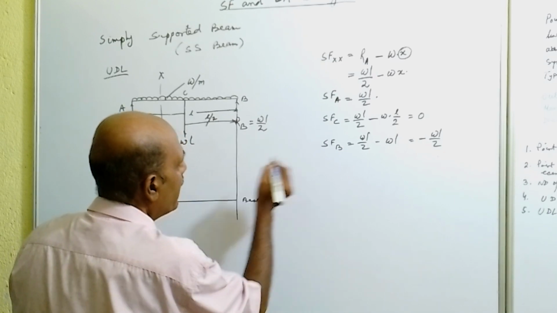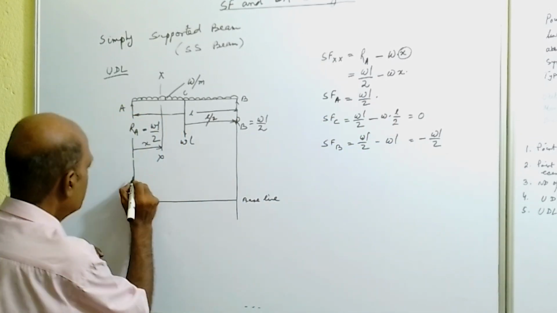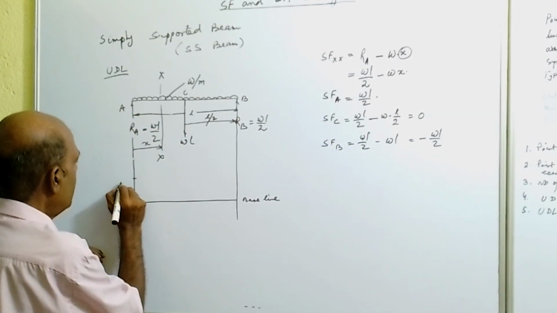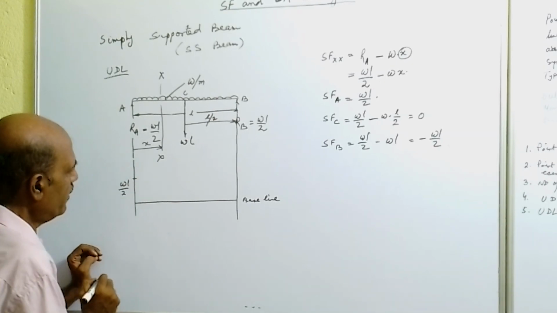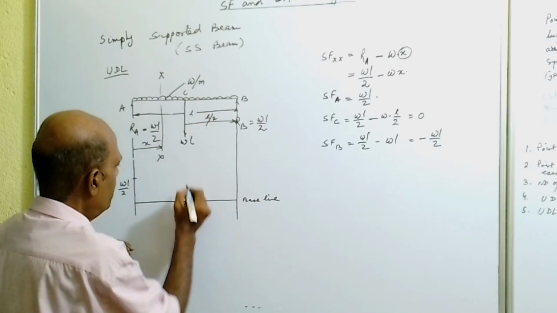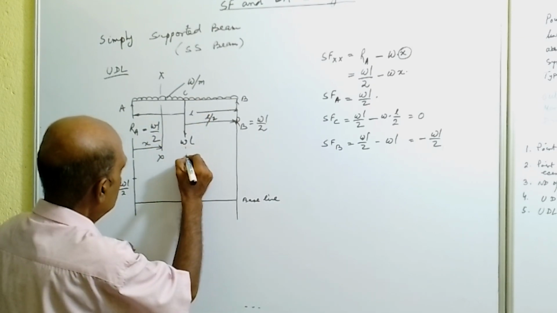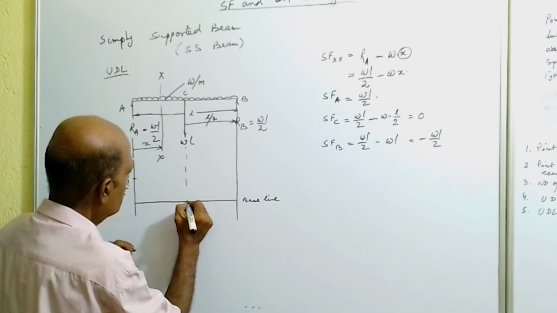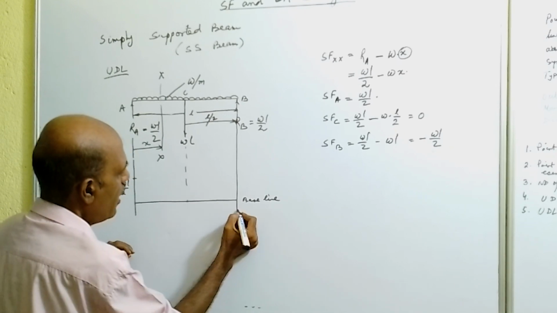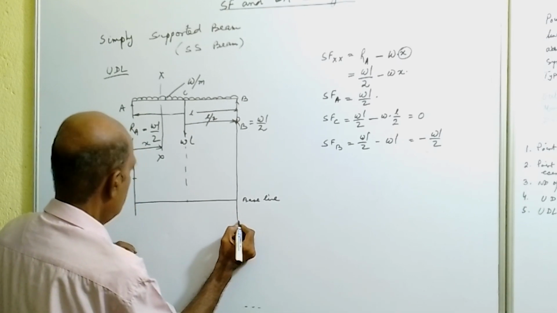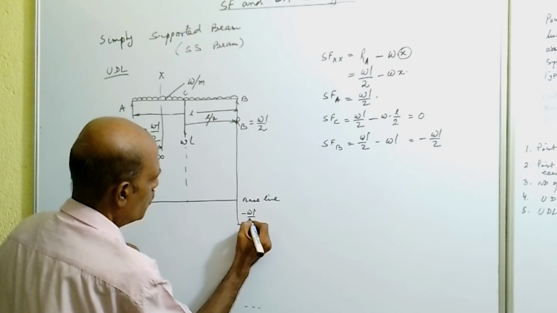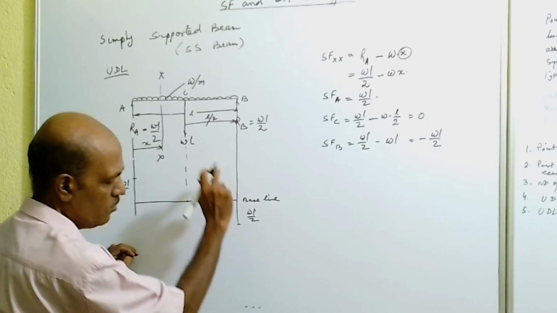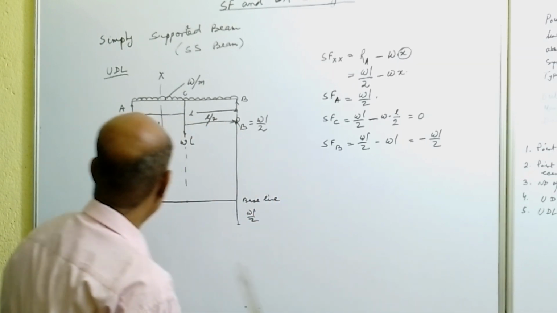Now at point A, what is the shear force? WL by 2 with some suitable scale. Measure WL by 2 length and mark the point, and at point C it will be 0. So that means at point 0, and at point B it will be minus WL by 2. No need to write minus because we are taking in negative direction.